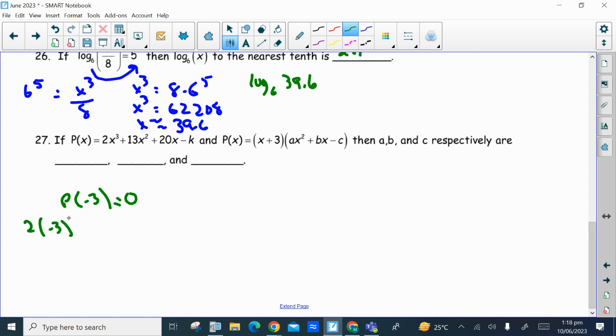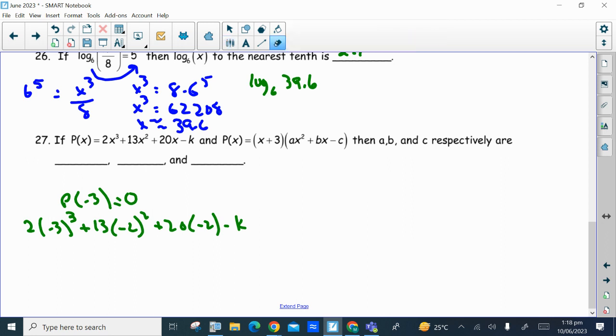This is the remainder theorem. So this will allow us to find out what k is. 2 times negative 3 all cubed plus 13 times negative 3 all squared plus 20 times negative 3, minus k equals 0. So negative 3 all cubed is negative 27 times 2 is negative 54.